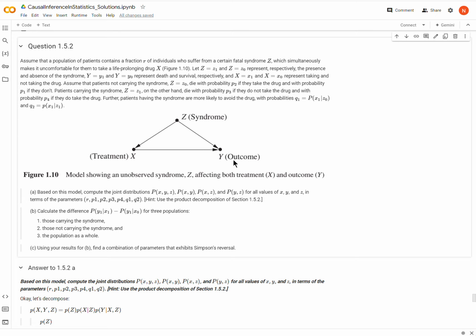And so the outcomes are given letters P1, P2, P3, P4, and those all correspond to whether they live or die and whether or not they have the syndrome.